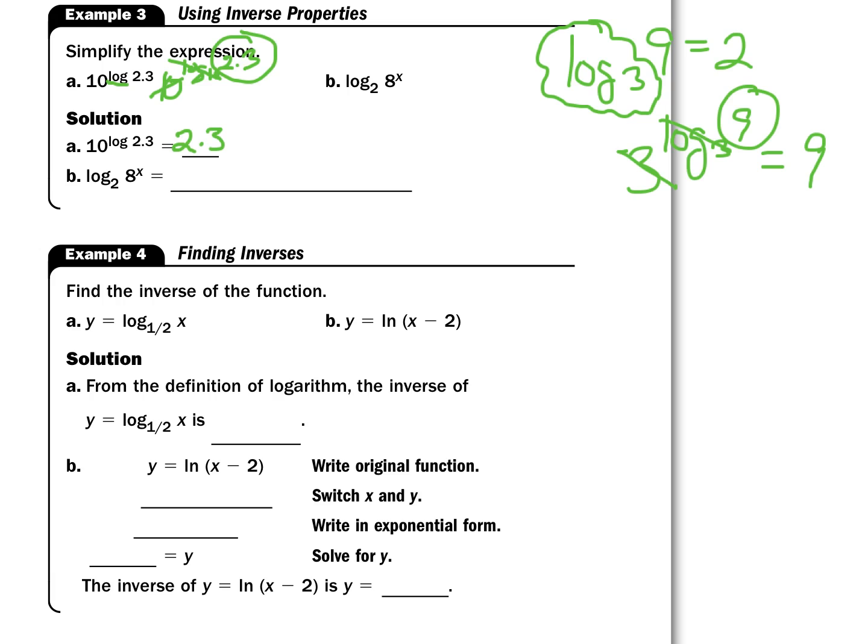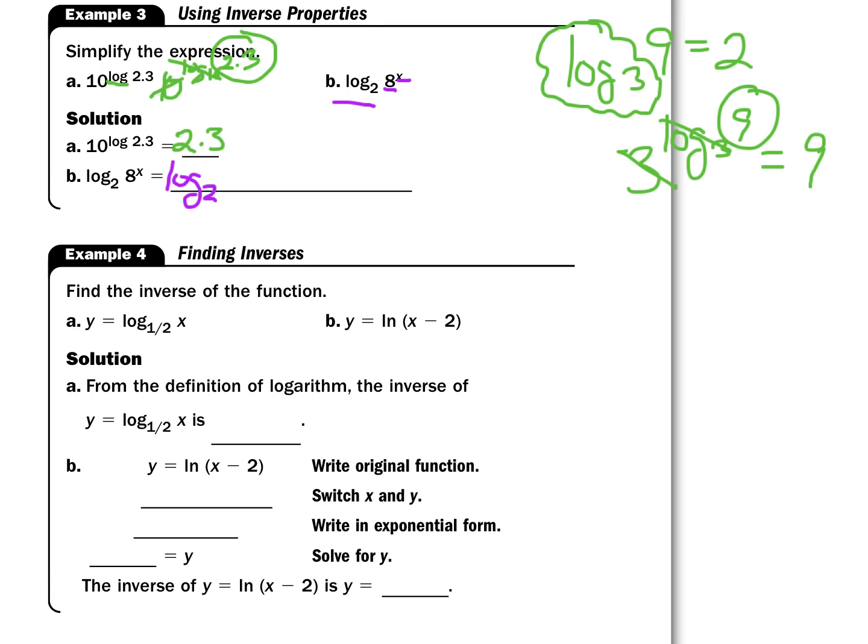Okay. And then for b, we have log base 2 of 8 raised to the x. Well, this is a little more complicated because my log base 2 doesn't match up with the 8. However, 8 can be written in exponential form: 8 is equal to 2 cubed.